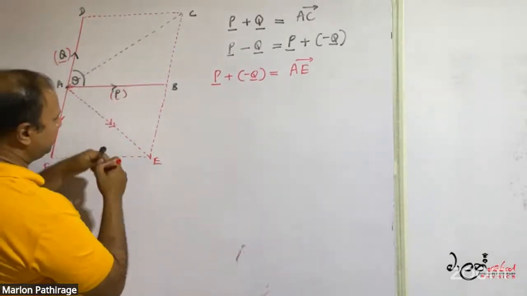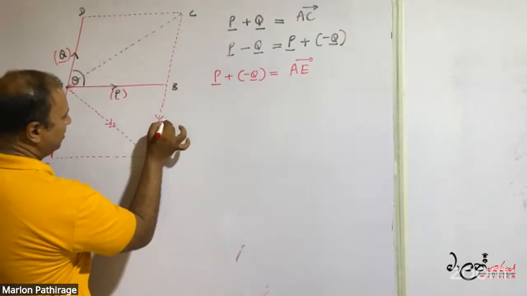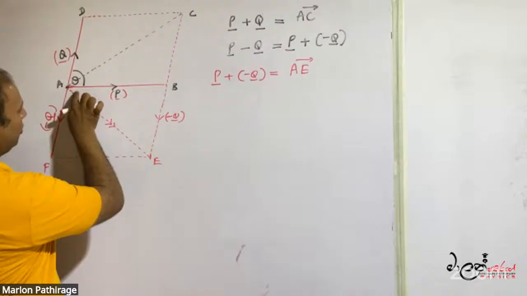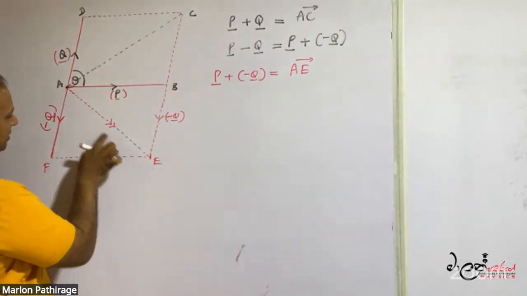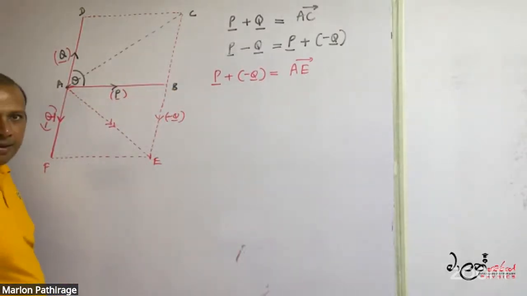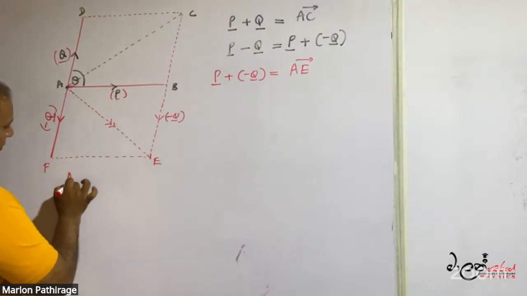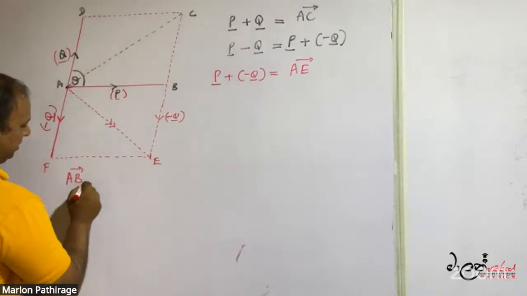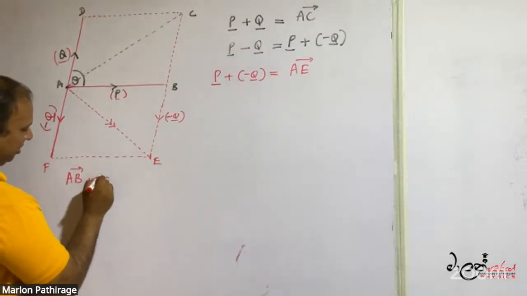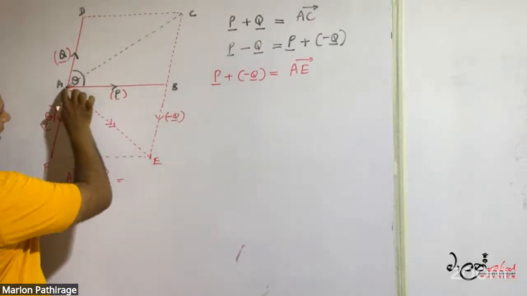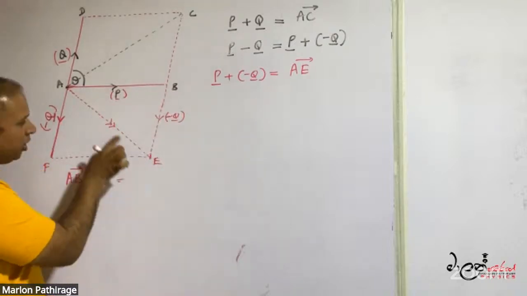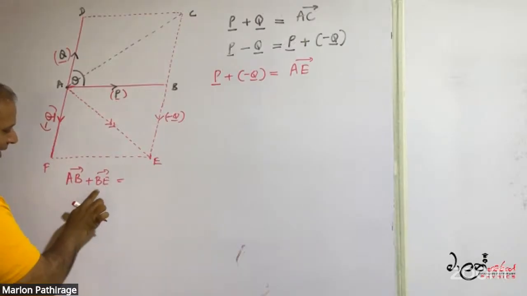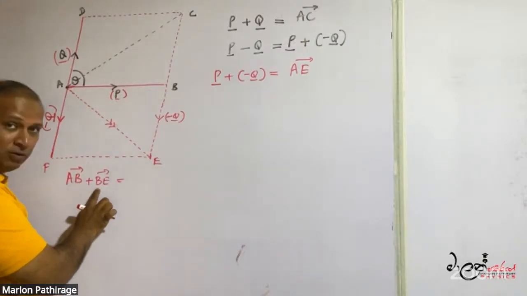Therefore this one is also equal to minus Q vector. Therefore P plus minus Q should be equal to AE. You know AB vector plus BE vector should be equal to AE vector. B and B cancel out, giving the AE vector.